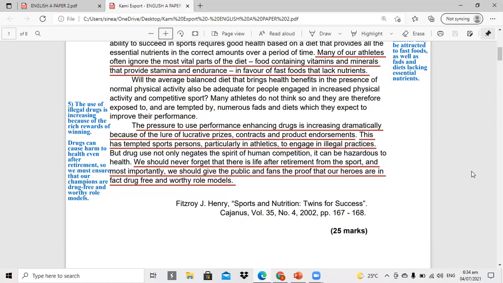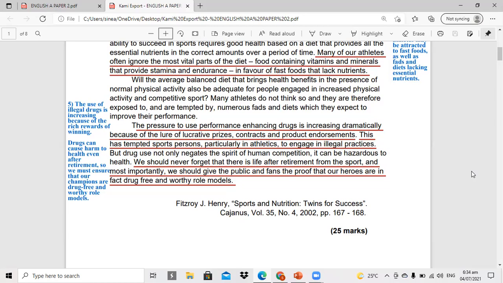So the last point that I have on the line there is drugs can cause harm to health even after retirement. So as much as athletes tend to use performance enhancing drugs to get a result, it's something temporary, and the effect of it is not always seen until after retirement, right?